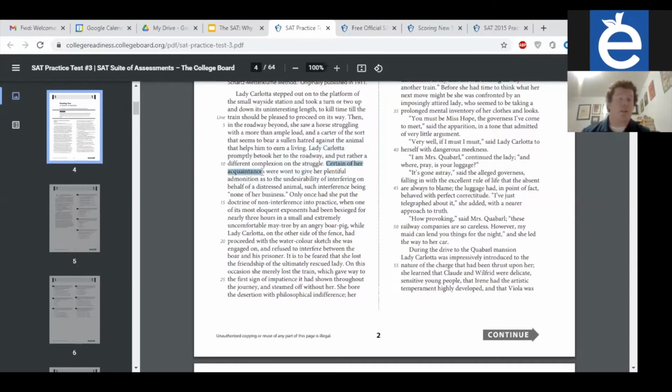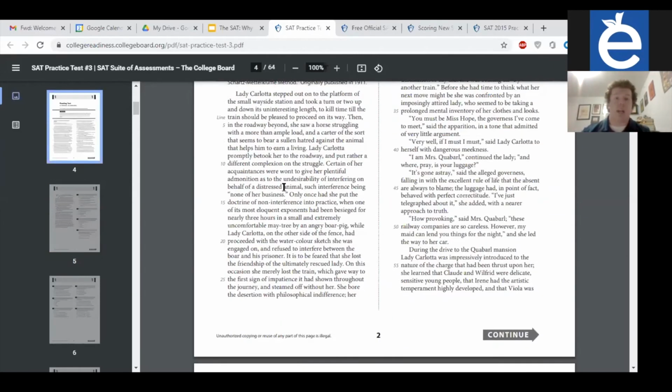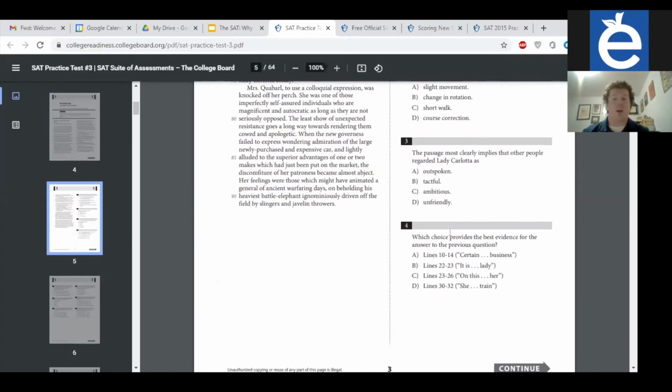Certain of her acquaintances, her friends, people she knew, other people, which is specifically what question 3 asked about, are telling her something, that she shouldn't interfere on behalf of distressed animals. That pretty directly applies if we're asking about what other people think of her or how they regard her. I don't think we can eliminate that one yet. So let's hold on to option A.